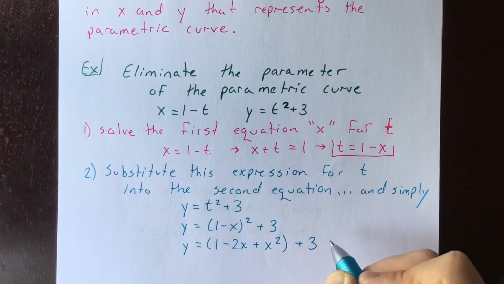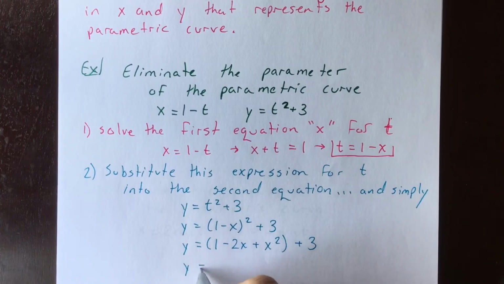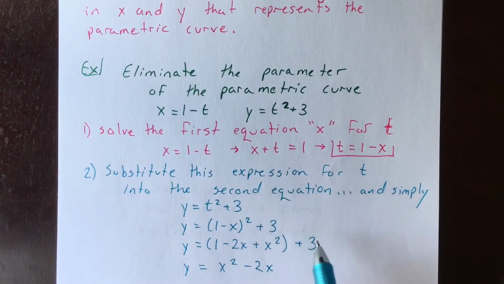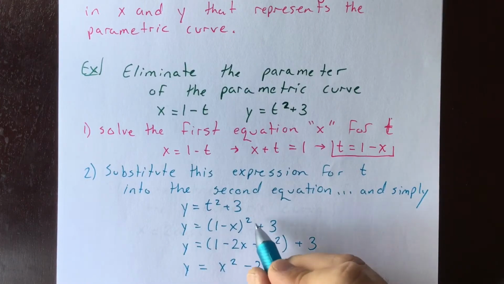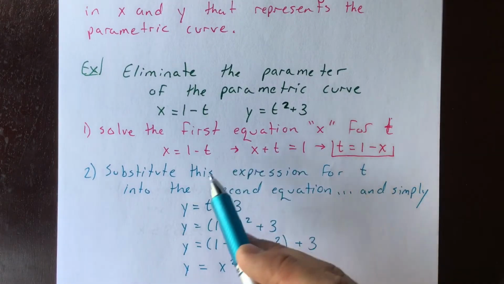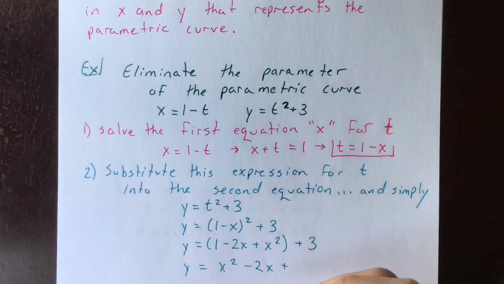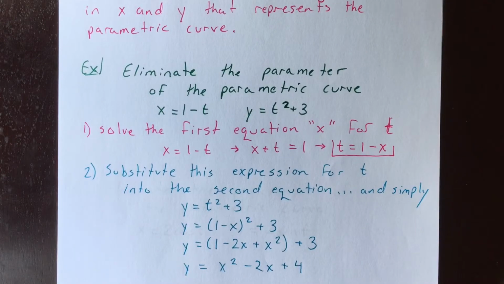Simplifying and rearranging, we would get x squared minus 2x plus, oh my goodness, it is plus 4. And there we go. We're done.